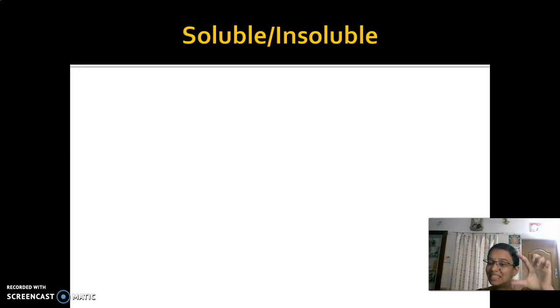By seeing its appearance, can you tell whether it is mixed in it? No. By seeing it, we cannot say; by tasting, we can tell. So it is completely dissolved in it.